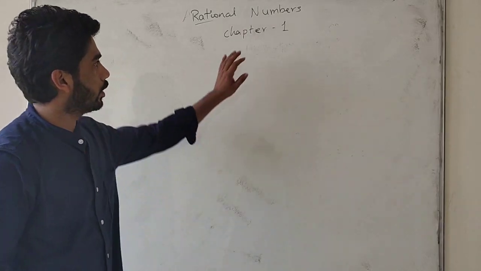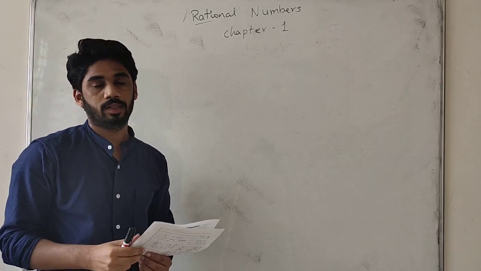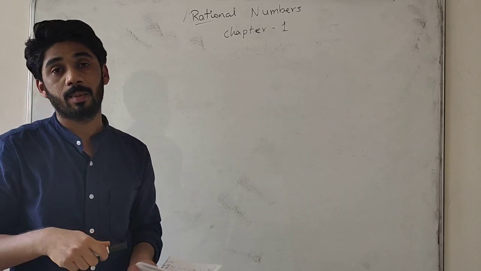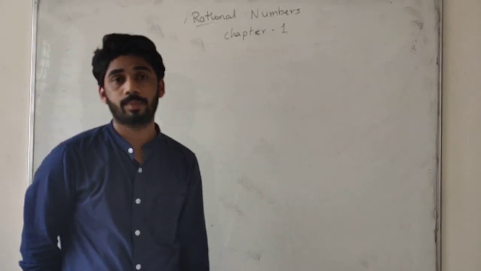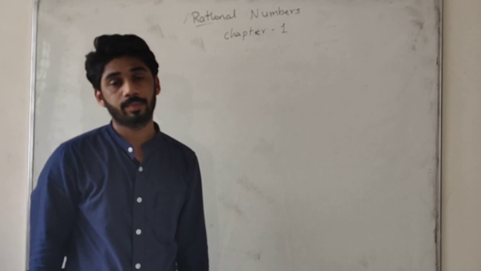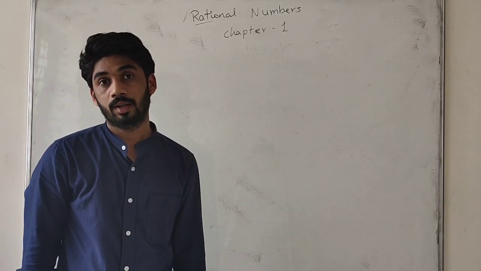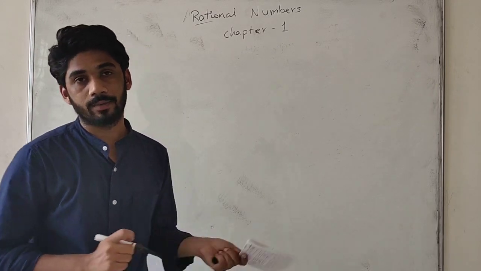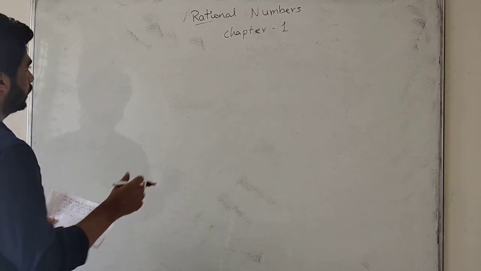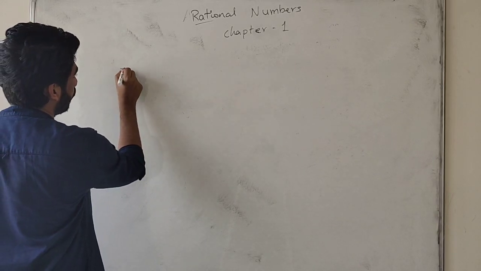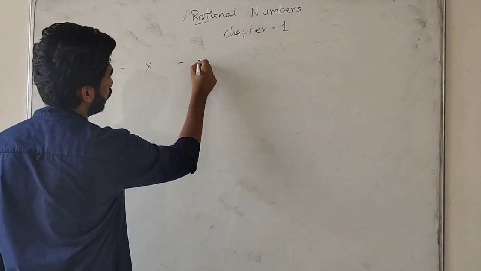So students, before connecting to the chapter, we must know the basic sign rules. Minus into minus is plus, minus into plus is minus, plus into minus is minus, plus into plus is plus. How are the rules framed? I will be writing this down. This is the basic rule that must be known: minus into minus, we know it as plus.